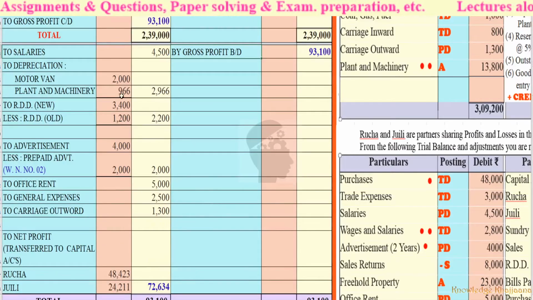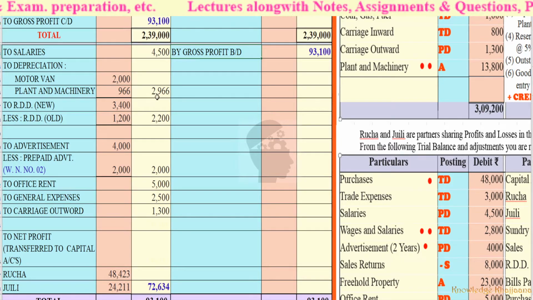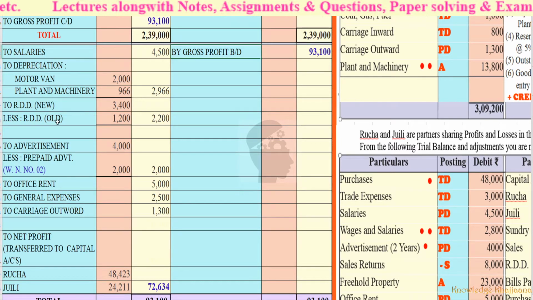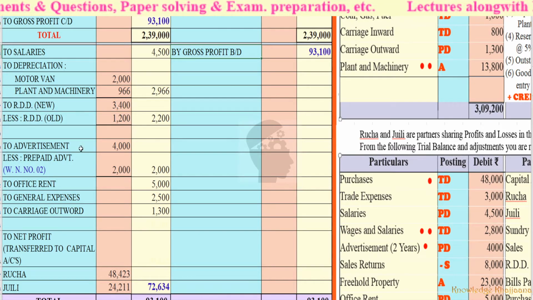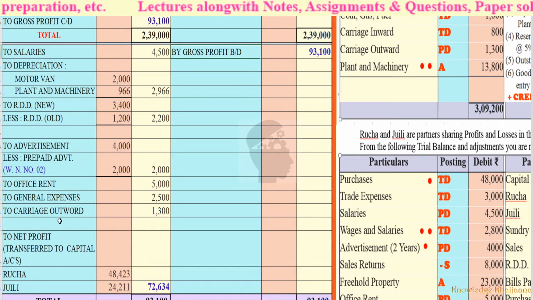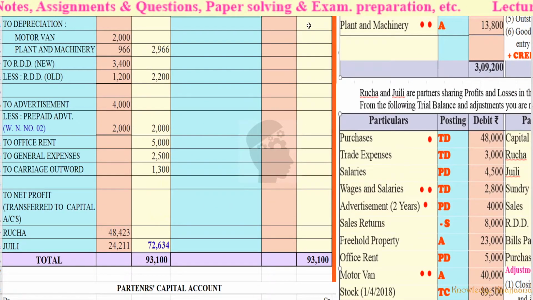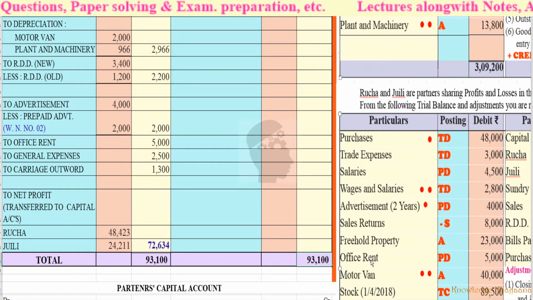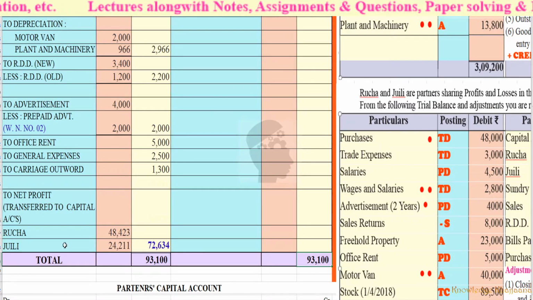Now let's verify whether we have taken all the values to the outer side. Depreciation we have taken outer side, RDD less old RDD taken, prepaid advertisement taken, office general expense carried outer. Okay, so what is the total of the credit side? It is 93,100. We write the same total over here.